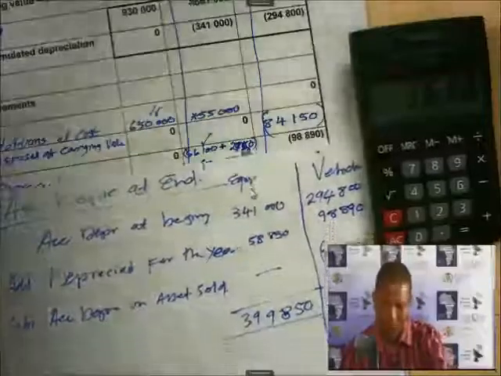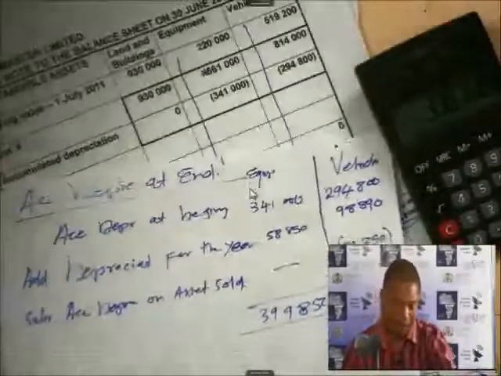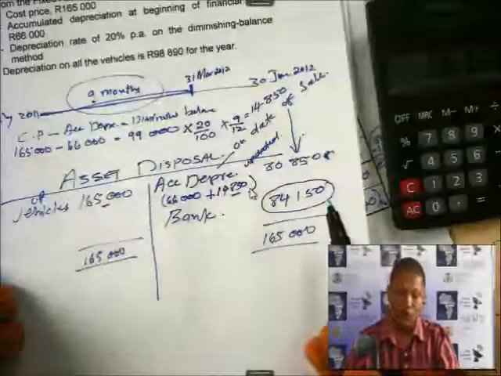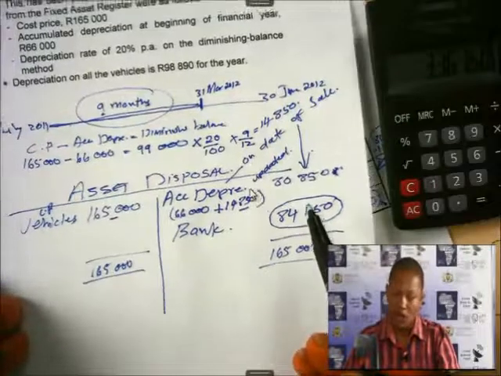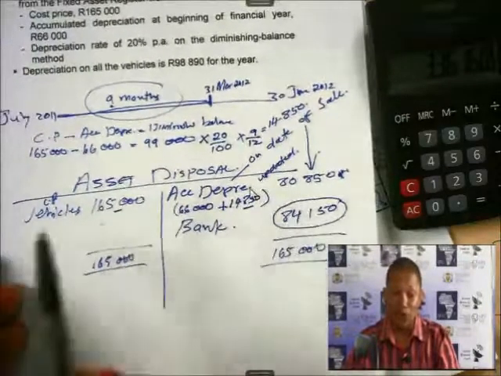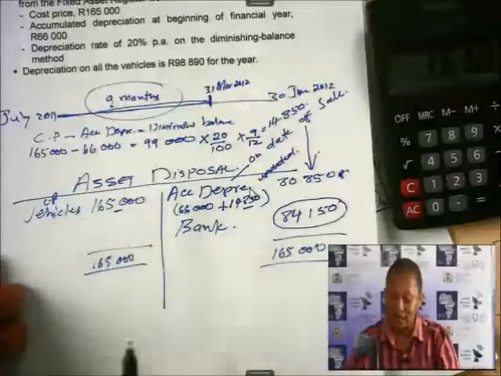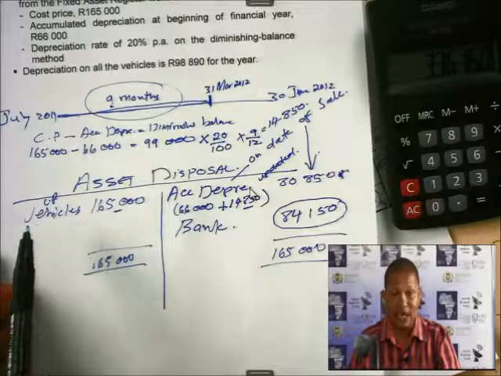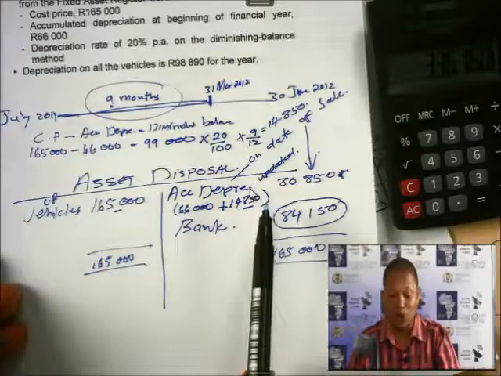Important things that you should remember. One is that whenever an asset is sold and you want to check whether the asset was sold at a profit or a loss, you must prepare the asset disposal. And then you'll have your cost price on your left-hand side and your accumulated depreciation on your right-hand side.